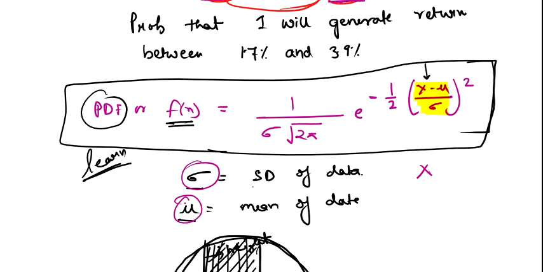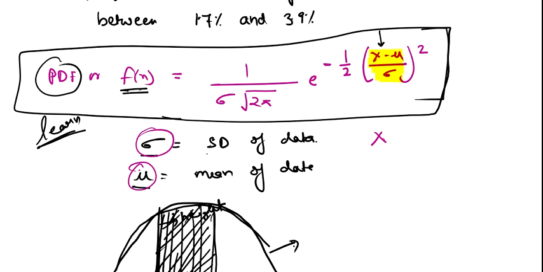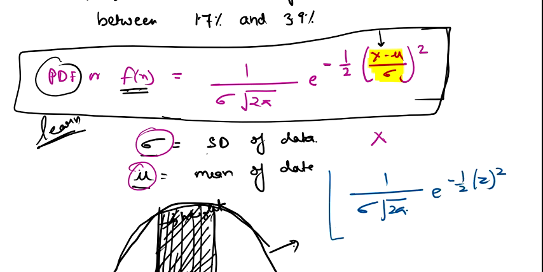This is the portion which I am trying to standardize, meaning removing the x, removing the mu, removing the sigma and putting z here. Simply I am putting the value of z here. Clear? So can you see that I have simplified my equation, that is 1 by sigma root over 2 pi e to the power minus half z square. Okay, so now my equation is simplified.